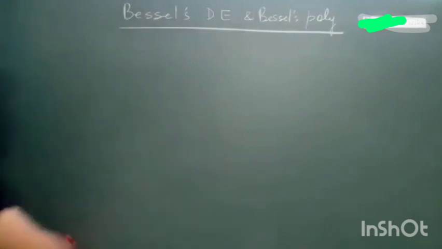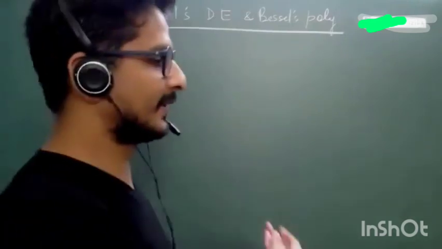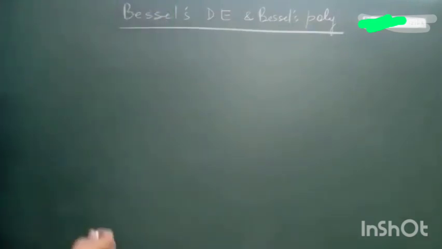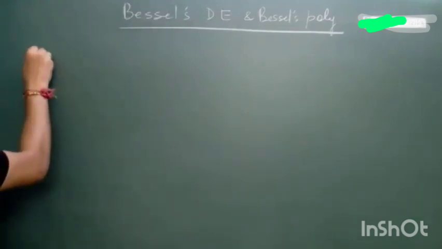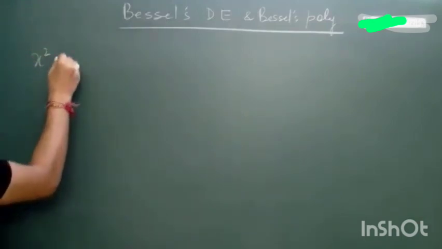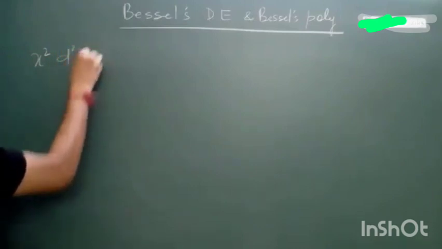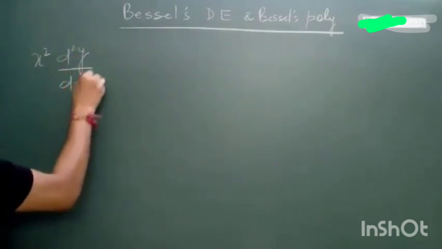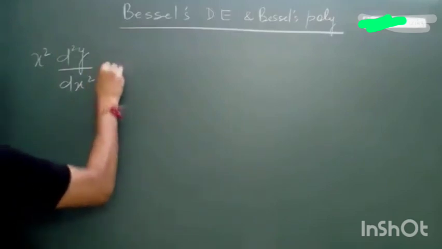So now see how the Bessel's differential equation looks. This is also one of the questions they ask, which one of the following is Bessel's. Not directly, but indirectly. If you know what the Bessel's differential equation is, you would be able to do it. So this is the Bessel's differential equation.